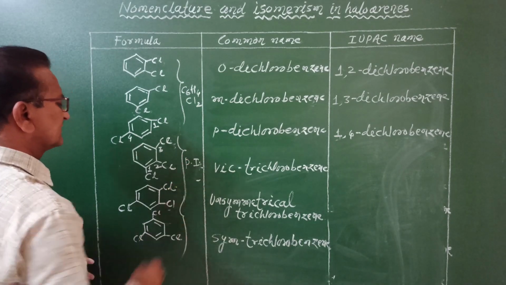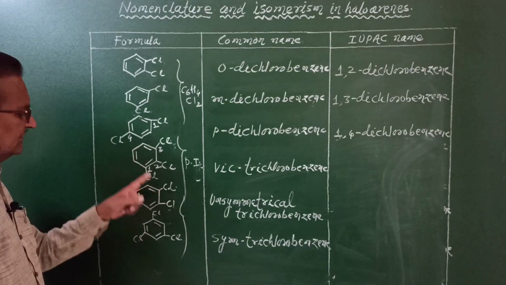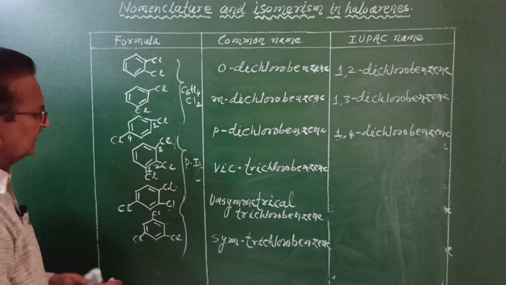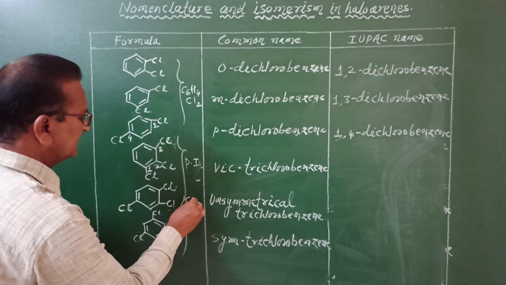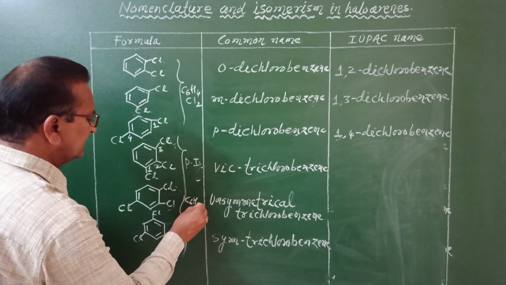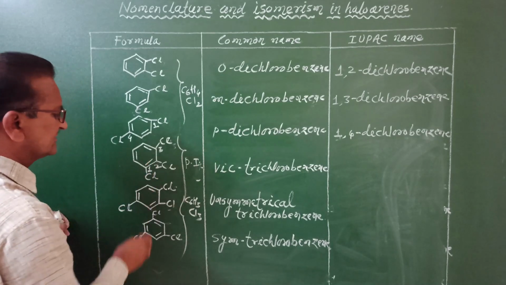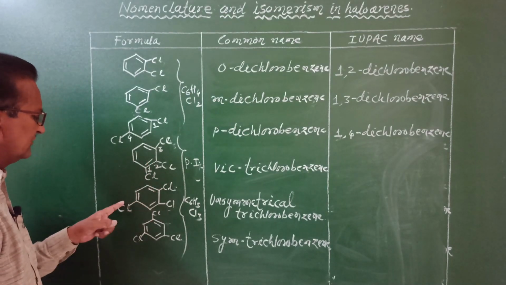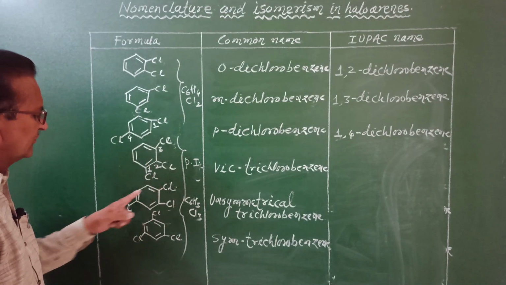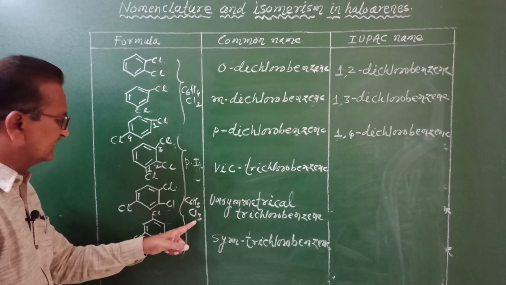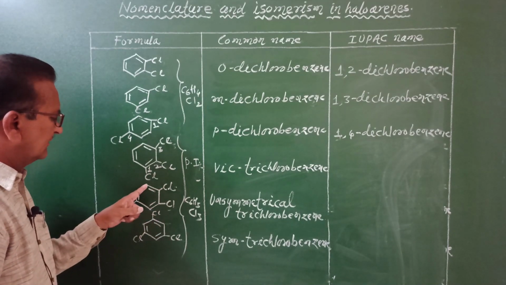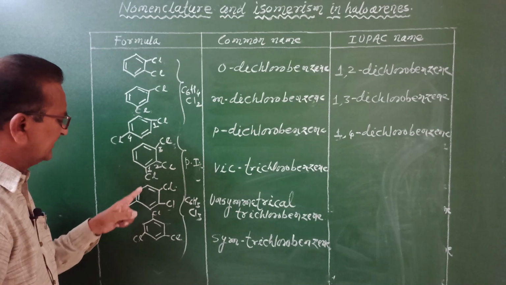Because in these three, again the molecular formula is the same. What is the molecular formula? C6H3Cl3. There are 3 substituents on the benzene ring, therefore Cl3. And on each remaining carbon atom, there is one hydrogen atom.